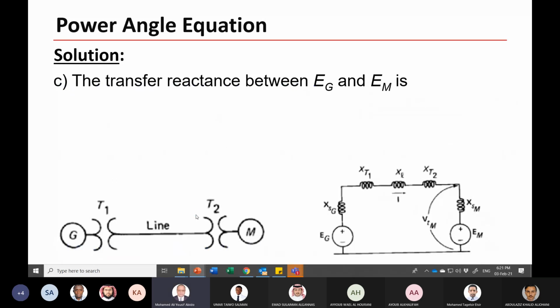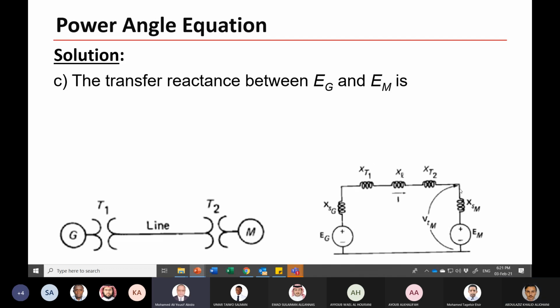For part C, what is part C? We need to find the maximum power, right? Part C was asking about the maximum power transfer.